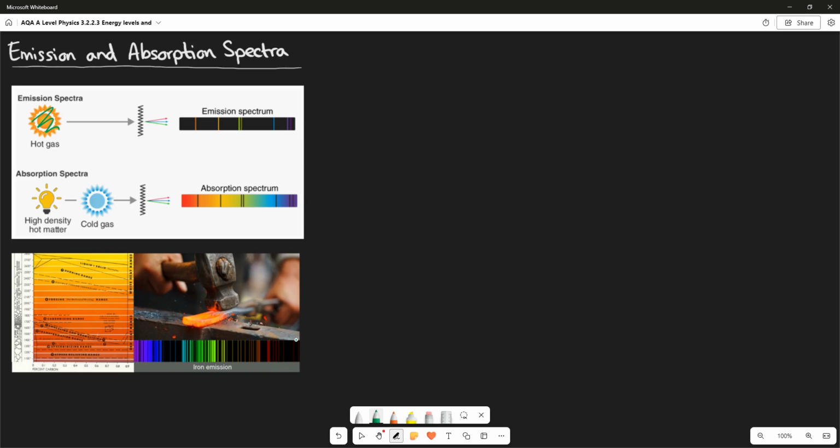And the hotter it gets, the more energetic the electrons are able to become, the more excited they get. And when they fall down, they're able to give out higher and higher energy photons when they fall back down again. And what that does is it affects the colour of the metal.